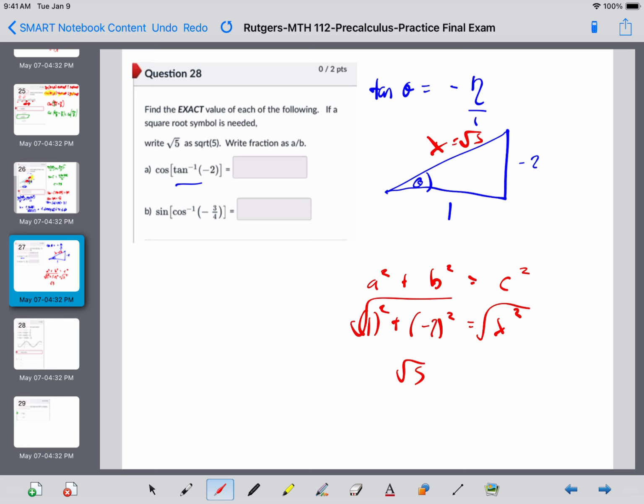So we have all the values of the triangle, right? Based off that tangent. So now you just have to find cosine. Cosine is going to be adjacent, so the adjacent's 1 over hypotenuse. Radicalize your numerator. Radical 5 over 5.